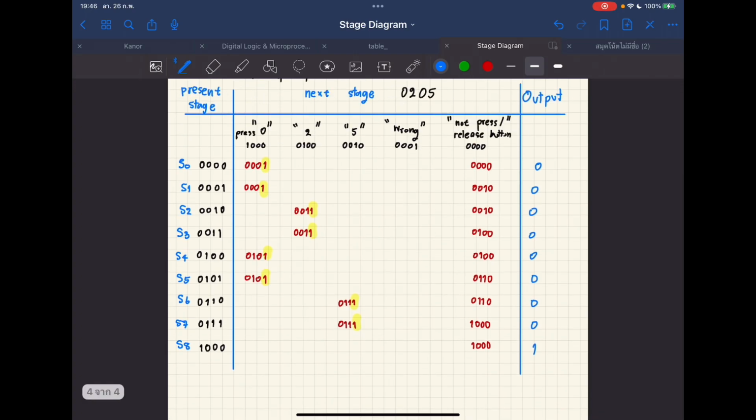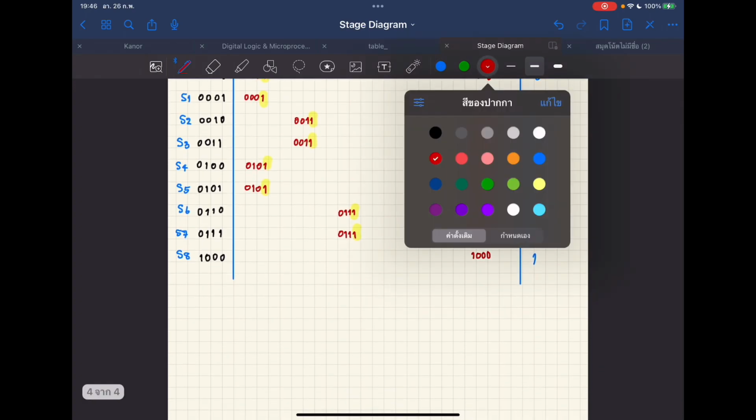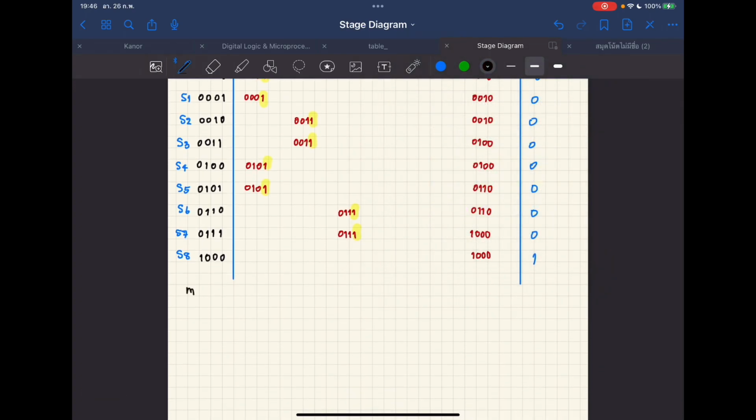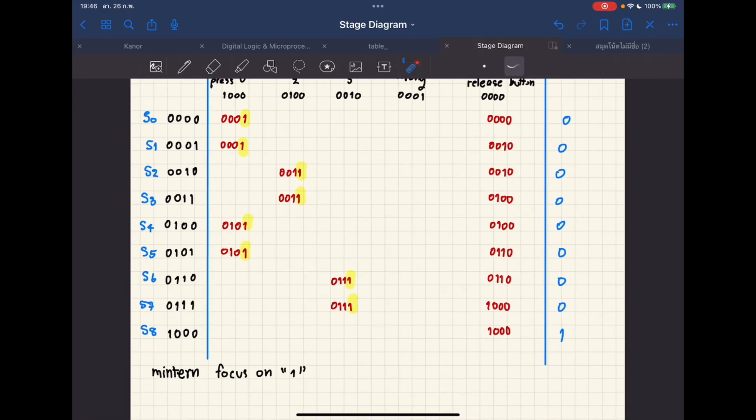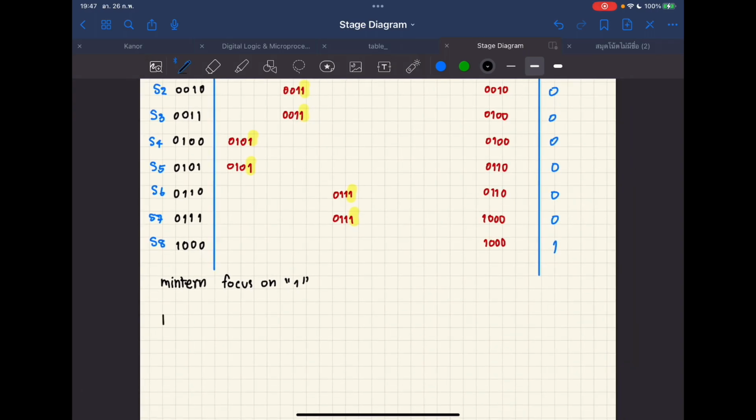And we're going to write it in minterm, so we focus on 1. Stage 0 doesn't have 1, so the first digit is 0.